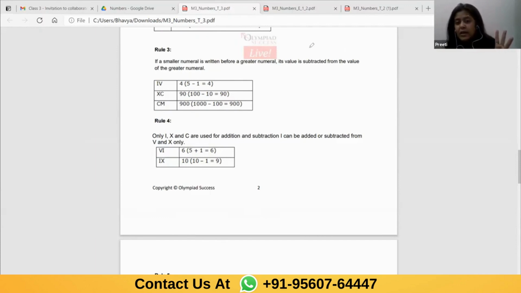You can't use I straight away with L, C, D, or M. That is a rule. Okay, so what can you use I with? Only with V and X. Correct.